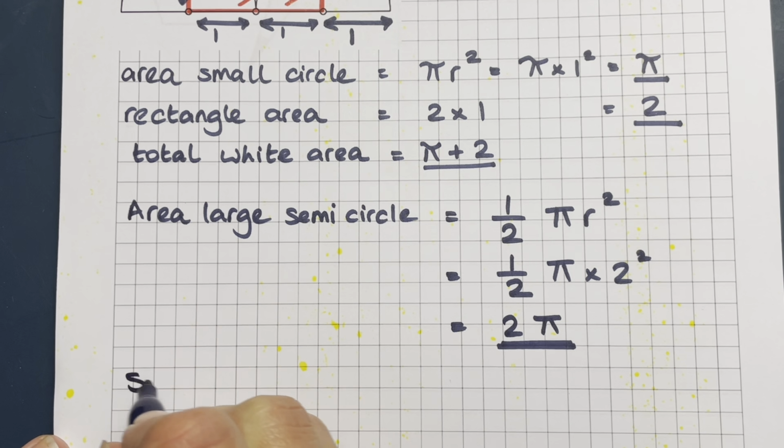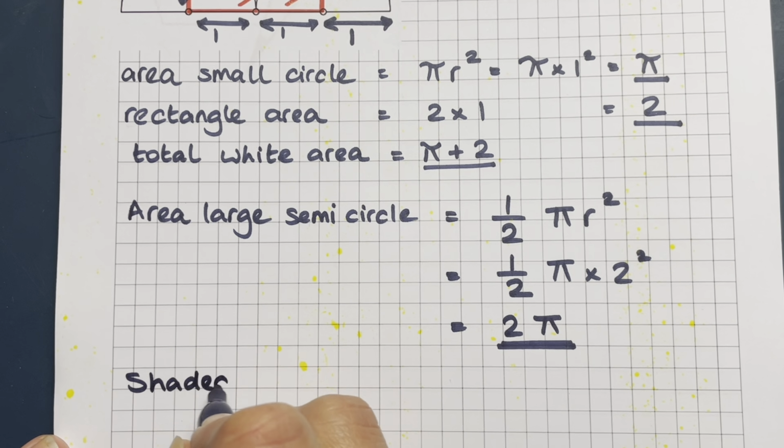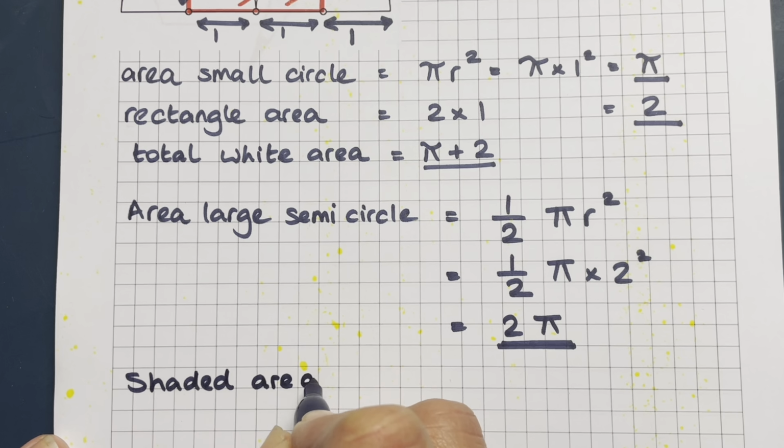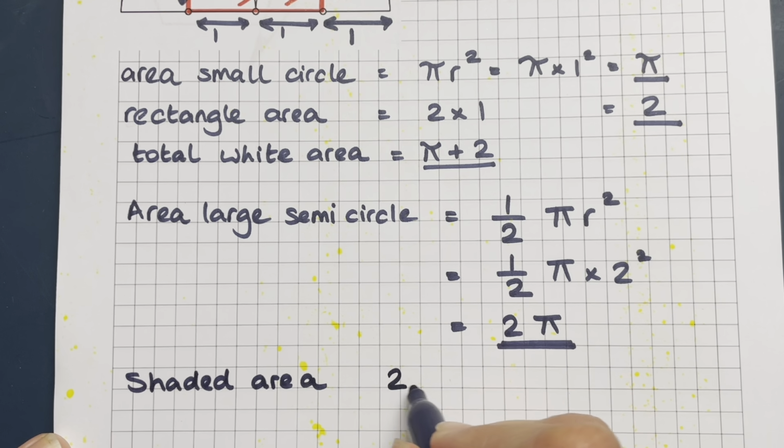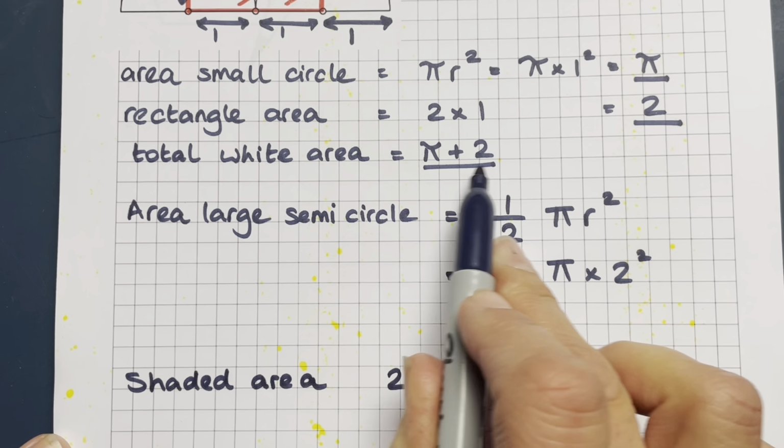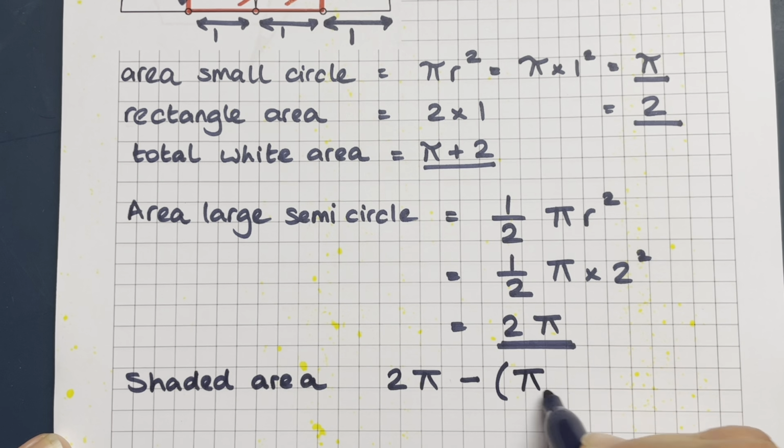Finally, to get my shaded area, I've got 2 pi, which is the area of my semicircle, and I need to subtract the total white area, which was pi plus 2.